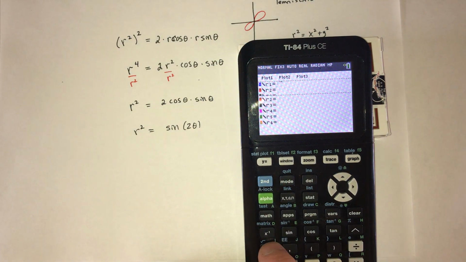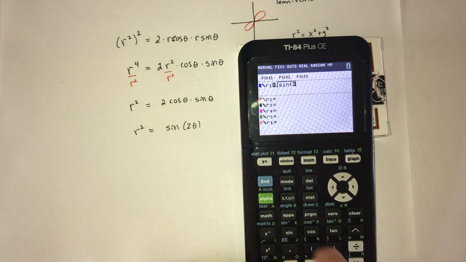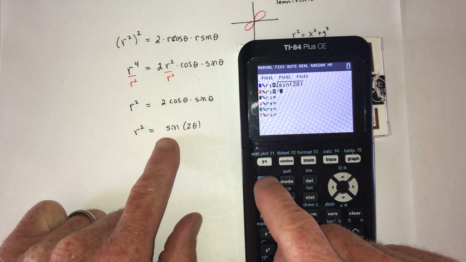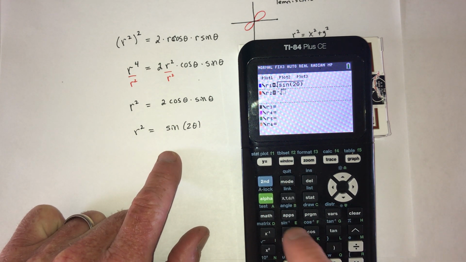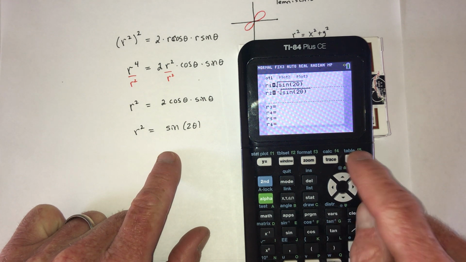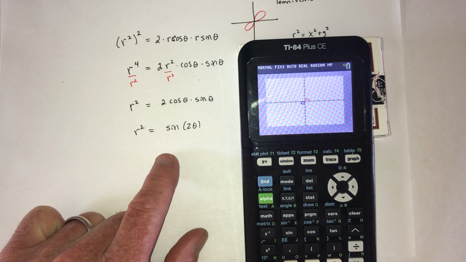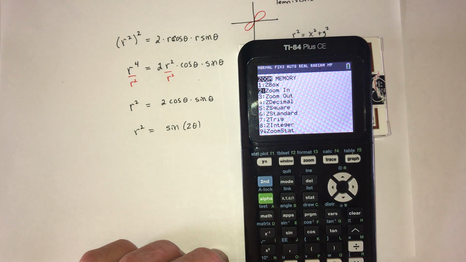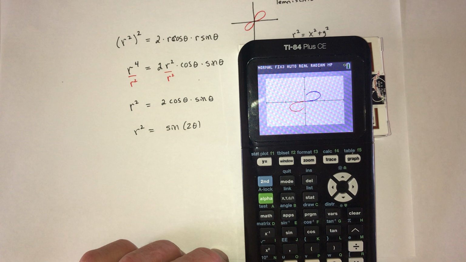I put the square root of sine of 2 theta, and when you take square root, it's supposed to be plus or minus, so I'll also need to do the negative square root of sine 2 theta. And then take a look at the graph. Well, I'll need to zoom in, but it made the same graph.